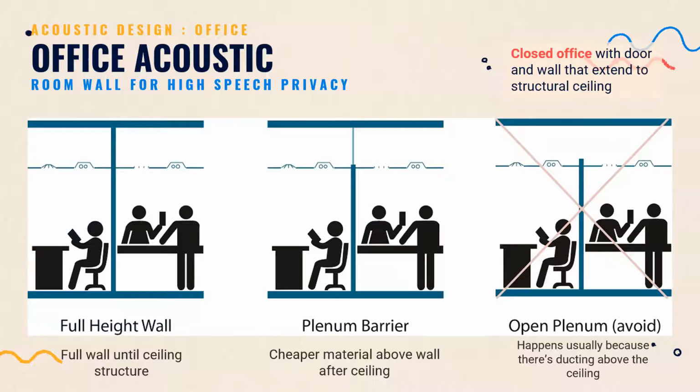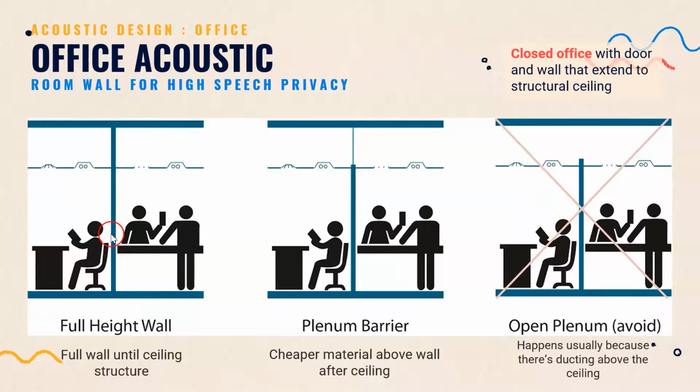Why do we need to extend the wall until the structural ceiling? Usually what happens is the walls for office rooms are just under here, under the ceiling below the air con. So usually there's aircon ducting here, so sound can still be transmitted to the adjacent area and speech can be understood clearly.